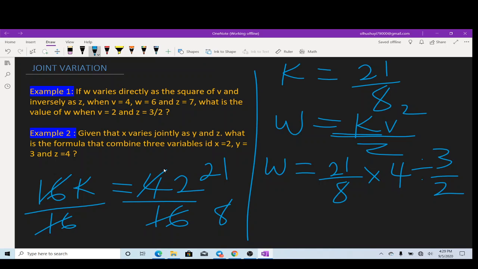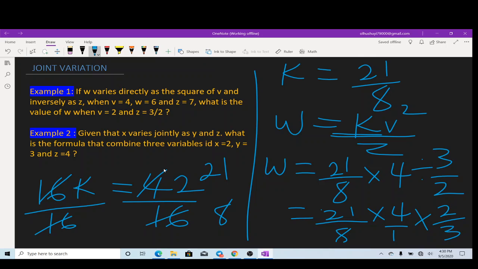So what do we have? That can be equal to 21 upon 8 times 4 over 1, then times 2 upon 3.